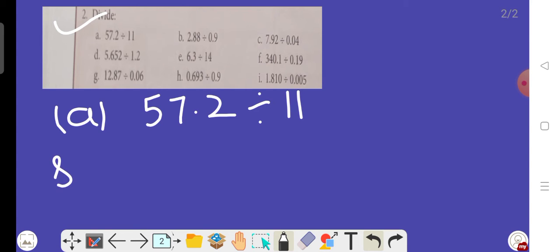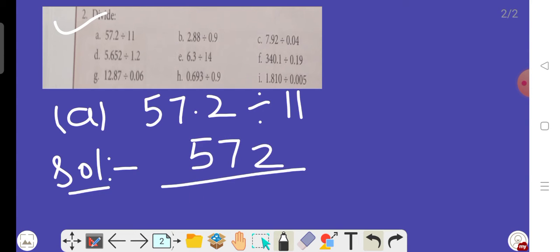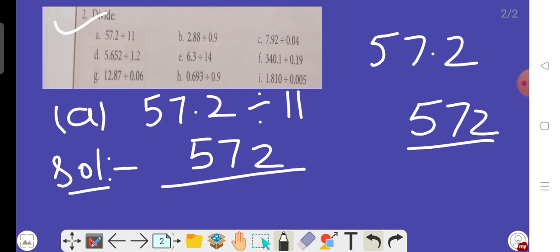To solve the division of decimals beta, firstly remove the decimal by dividing the decimal with a suitable number. Like in 57.2, we will be able to remove the decimal point by dividing by 10.